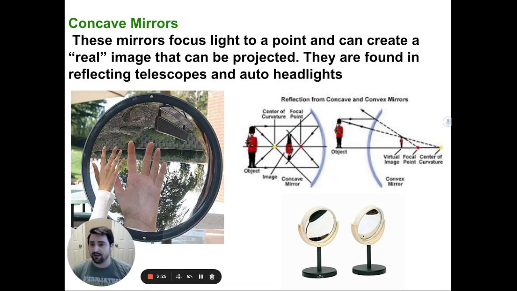We find these in things like reflecting telescopes and auto headlights, because we want to be able to see objects in enlarged states, and that's easy with a concave mirror. And ladies, your makeup mirrors are an example of a concave mirror as well, so that you can very closely see your pores, and there's an enlargement of the image depending on where you are compared to that mirror.